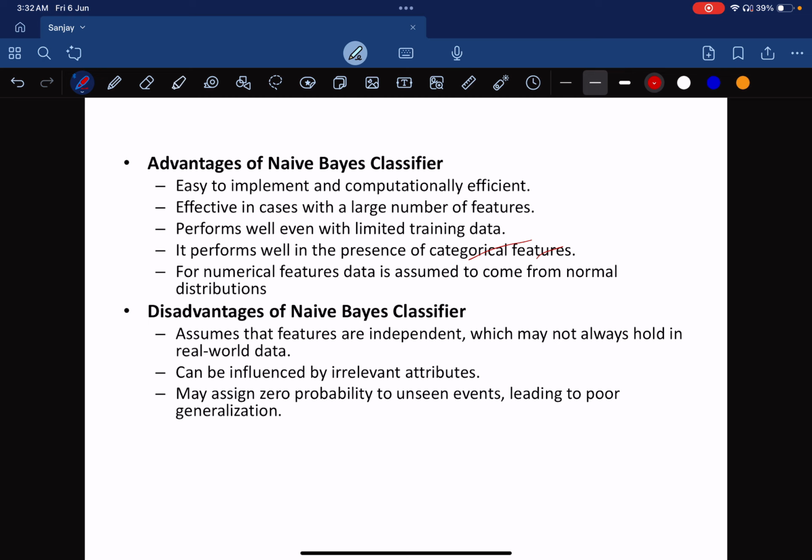This may occur in the conditional probability P of x given y, which looks like P of x times P of y given x, divided by P of y.